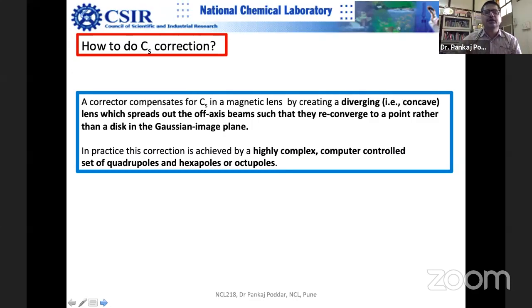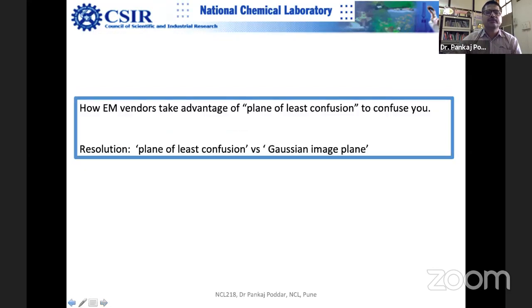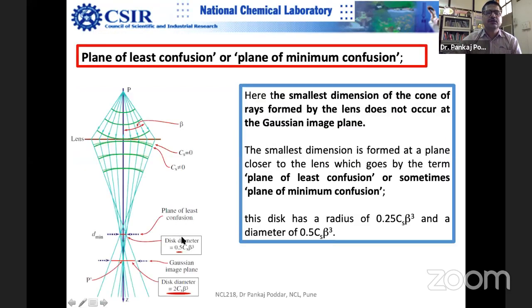I'll tell you very interesting things in coming slides, even if you work on an aberration-corrected electron microscope, where essentially Cs has been made zero. If you make Cs zero, that means this aberration is zero, so basically a point will become a point.